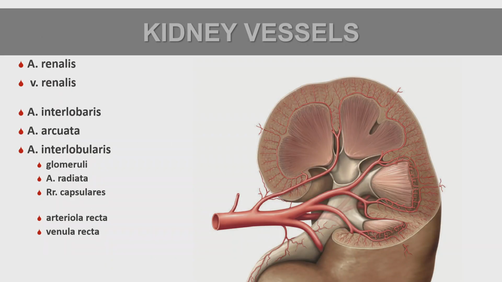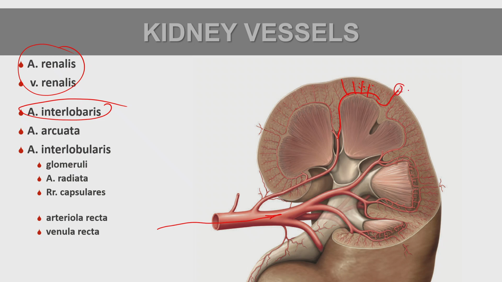Kidney vessels. In general, renal artery and renal vein. The blood goes into the kidney and is then segmented into the interlobar arteries, and they go between the pyramids, and there they are divided into two arteries. This distal artery is called arcuata, forming this arch. And from arcuata we have radiata, radiate arteries, on which the glomeruli are attached.